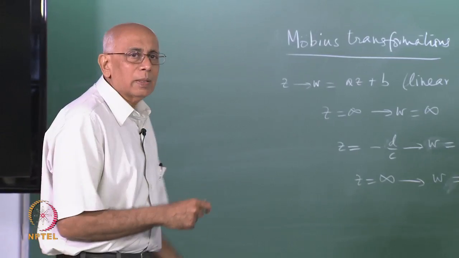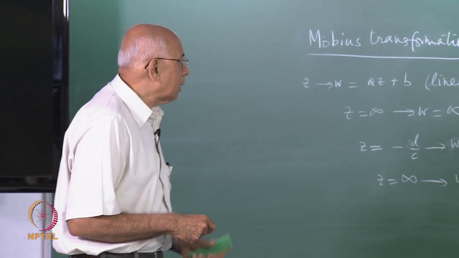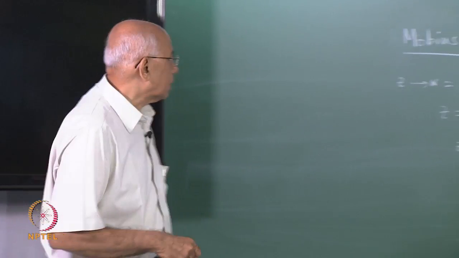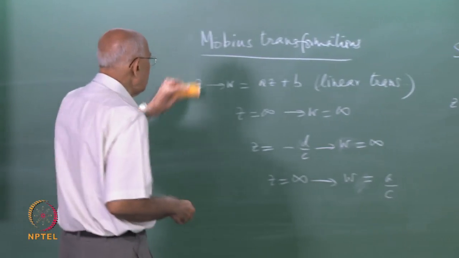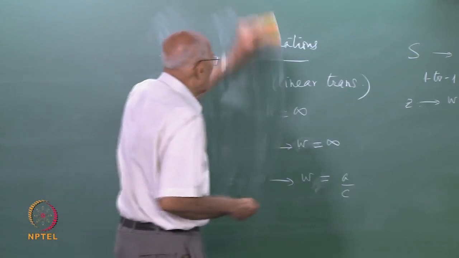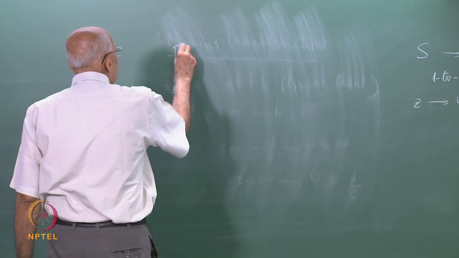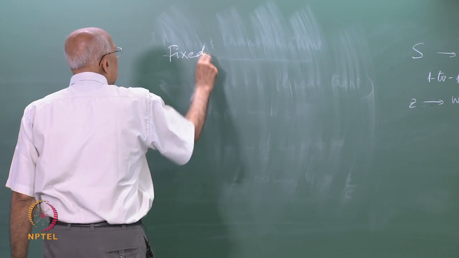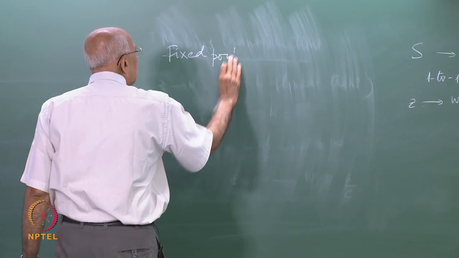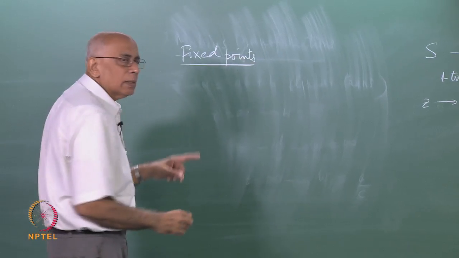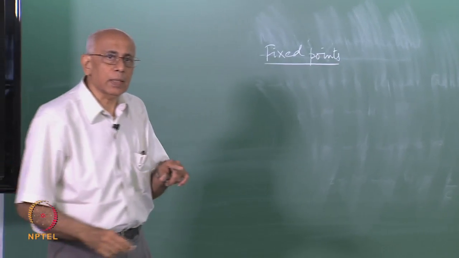Just as in dynamical systems, and we will see that there is a very close connection between this and what happens in discrete dynamical systems. So let us ask, what are the fixed points of this transformation? These are those points which do not change under the transformation.